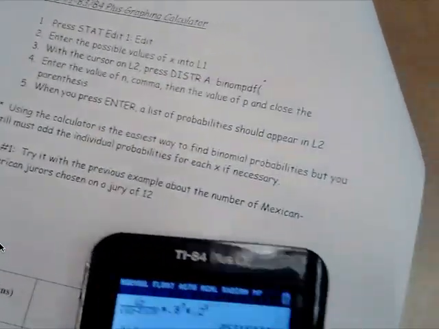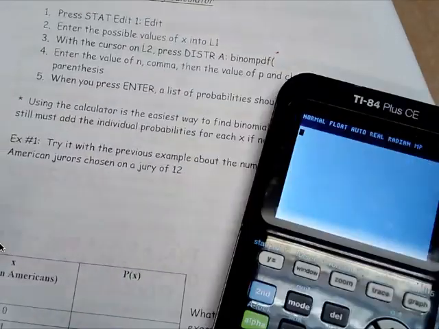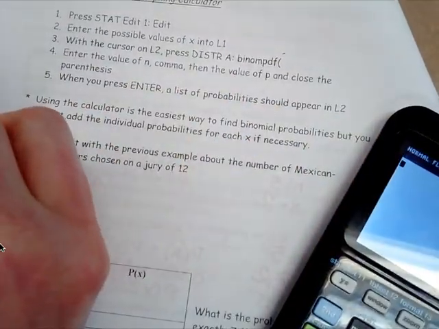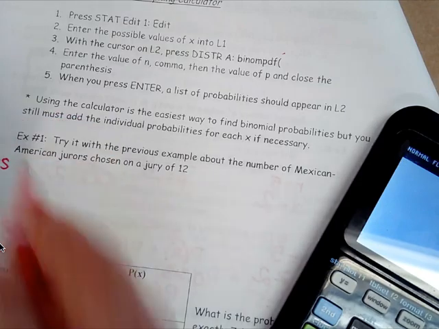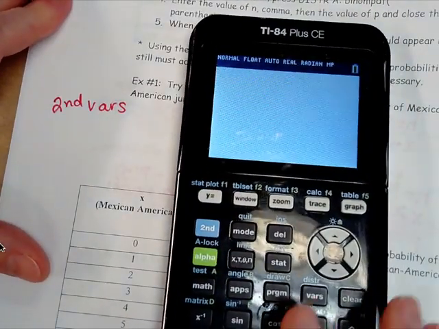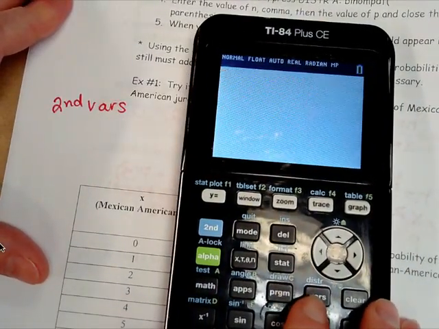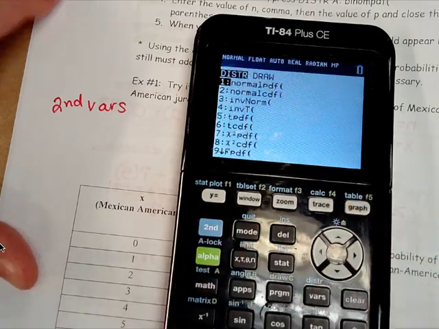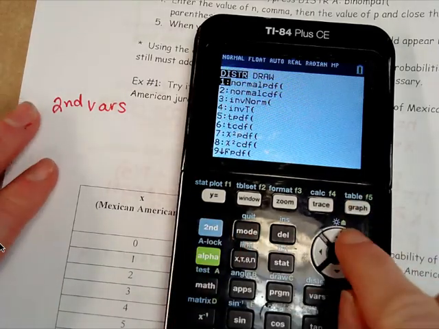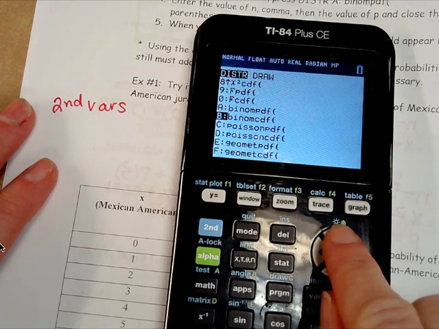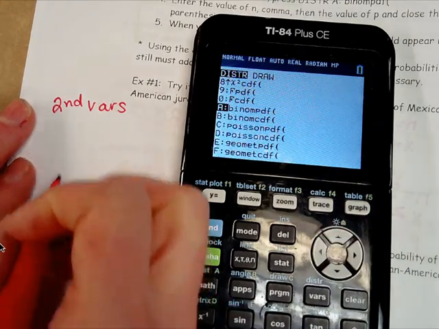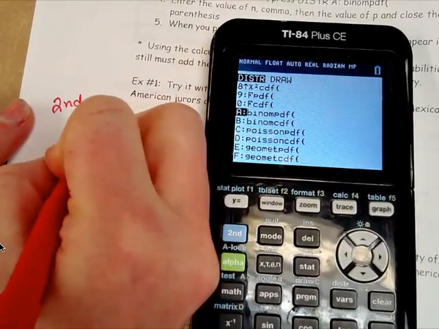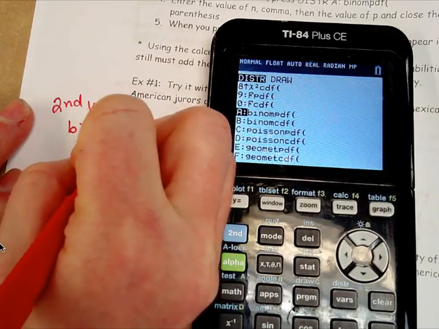So it's actually second vars, which is called distribution. So see how it has distribution there? Second. So we're talking about a distribution. Now look at all the possible distributions. I'm going to go down. We're going to do binomial PDF.